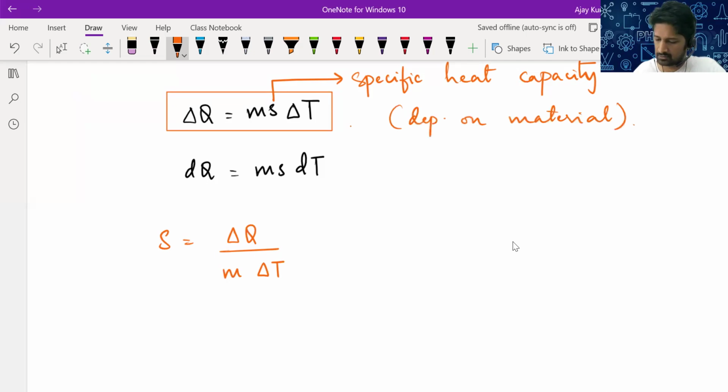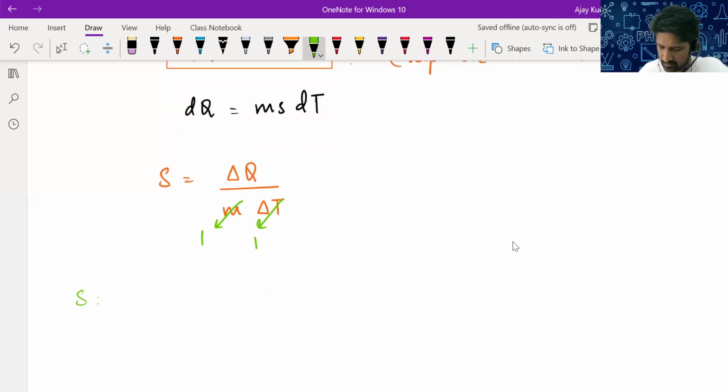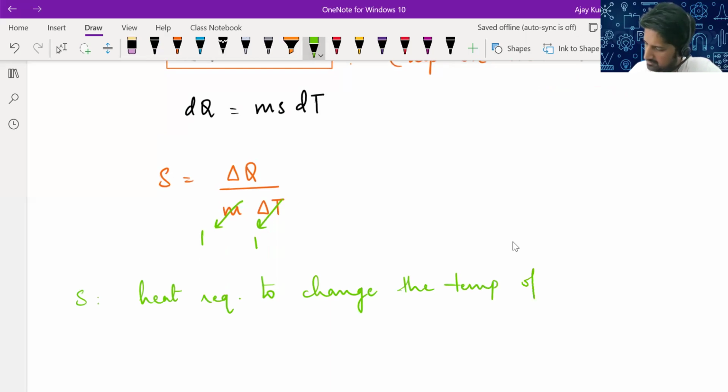Okay. So how do you define specific heat? Listen, if mass is 1 unit and temperature change is 1 unit, then S becomes equal to delta Q. So we define specific heat like this. Specific heat is the heat required to change the temperature of unit mass of a material.